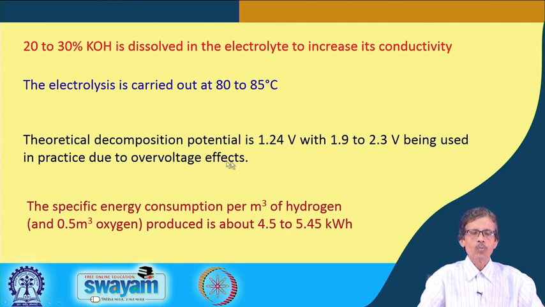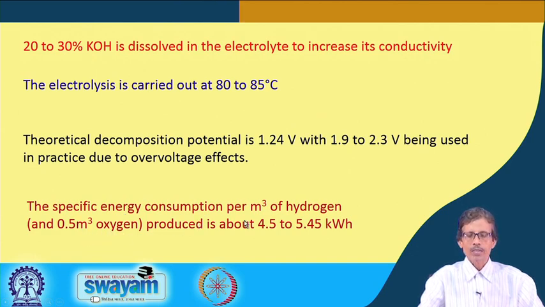The theoretical decomposition potential is 1.24 volt, with 1.9 to 2.3 volt being used in practice due to overvoltage effects. So, due to overvoltage, we have to use a higher potential for the electrolysis process.